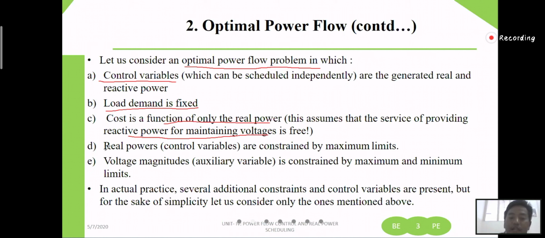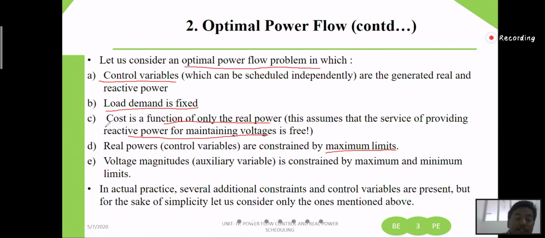Then real power is constrained by a maximum limit, which means the real power it can generate is, let's say, 230 or 290 megawatt, which is a maximum limit. And then voltage magnitude is constrained by maximum and minimum limits, which means voltage has a plus or minus. For example, in per unit, the maximum should be 1.05 and the minimum should be below 1, that is 0.975, like this.